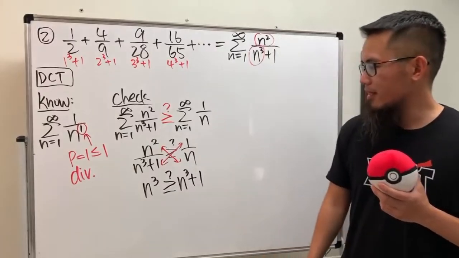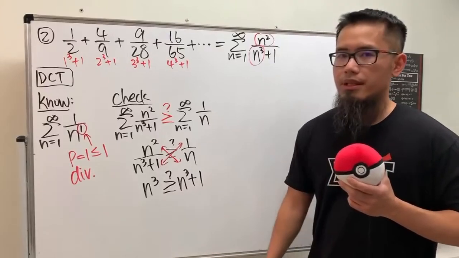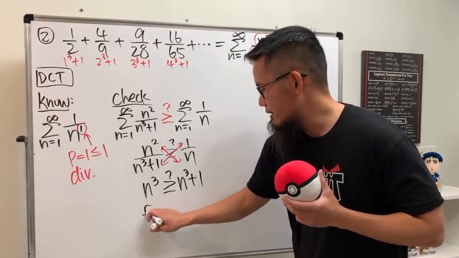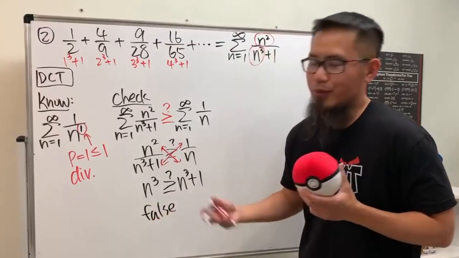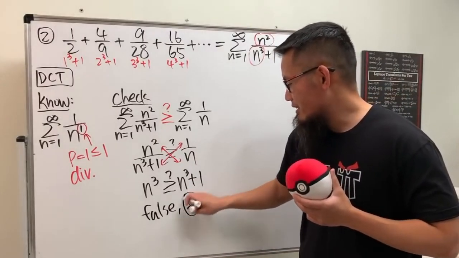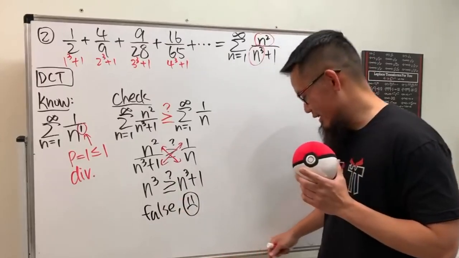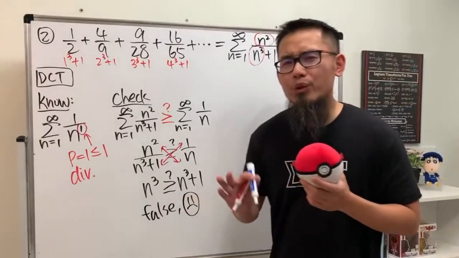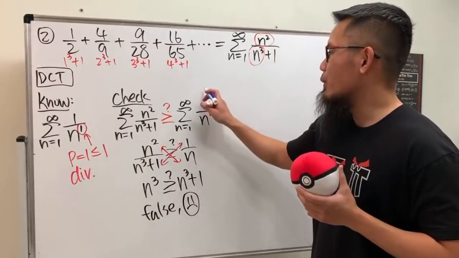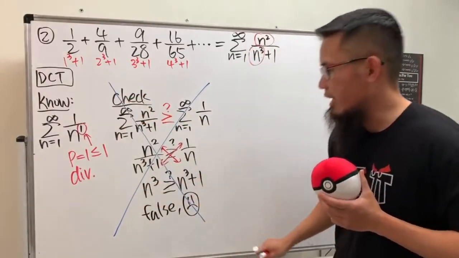This is upsetting. This is not true, so it is false. The key is that if this inequality is false, we cannot continue. We don't get to draw a conclusion at all. So unfortunately, we just have to cross this out and try again.